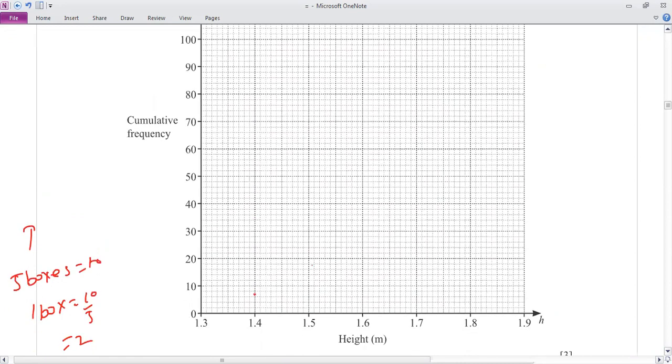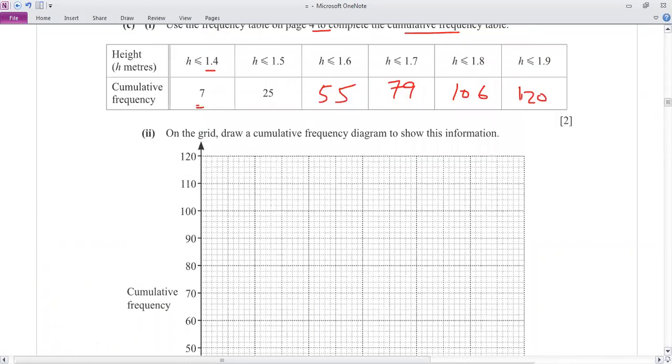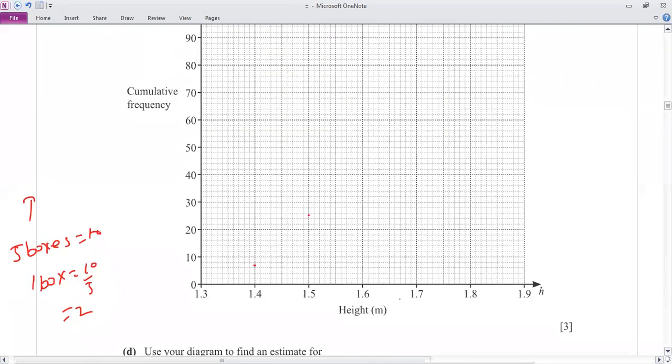This is 20, 22, 24, and this is 25. That is why I first checked the scale. For less equal to 1.6, 55. This is 1.6, so 55 will be, this is 50, and then 52, 54, this is 55.